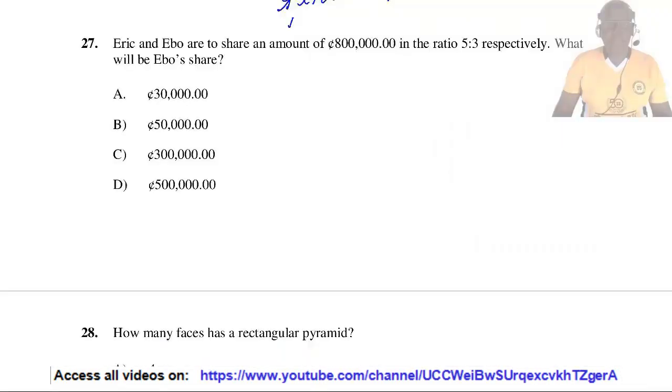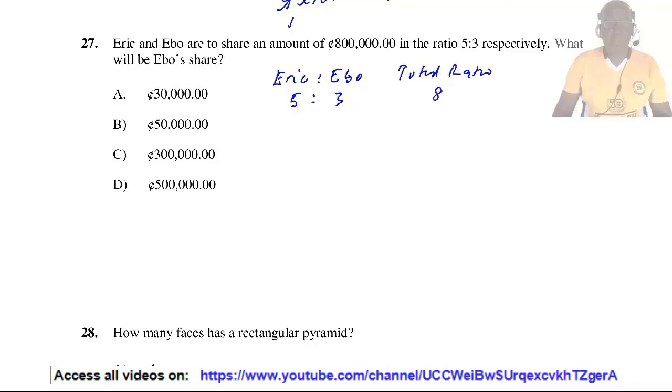Question 27. Eric and Ibu are to share an amount of 800,000 cedis in the ratio 5:3 respectively. What will be Ibu's share? Eric and Ibu are to share the money in the ratio 5:3. So the total ratio is 5 plus 3, which equals 8.